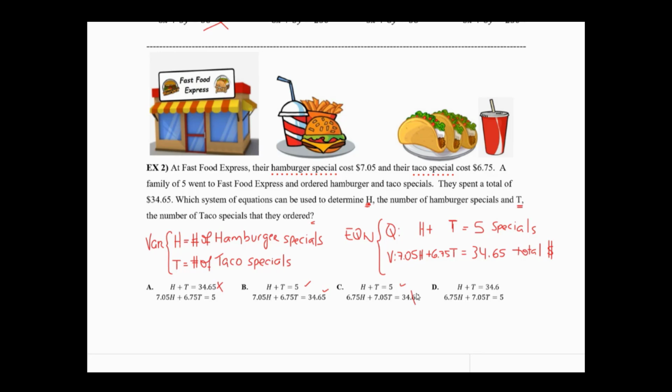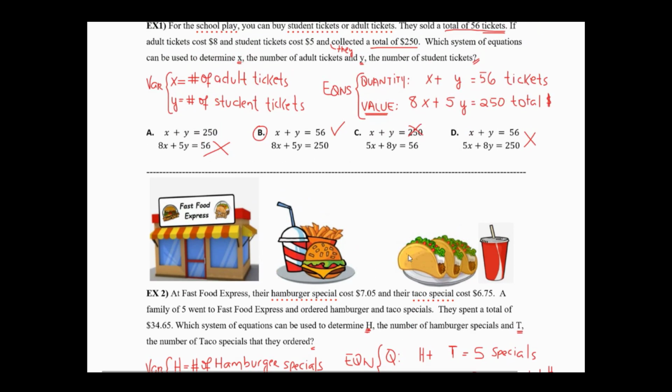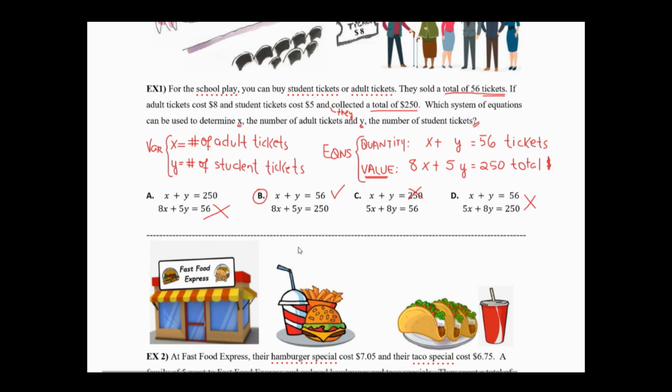They're trying to trick you. Okay, so we know letter C is not it. And letter D, this is also wrong. So for sure, without a doubt, it is letter B. So in these type of questions, you're going to look for quantity versus value.